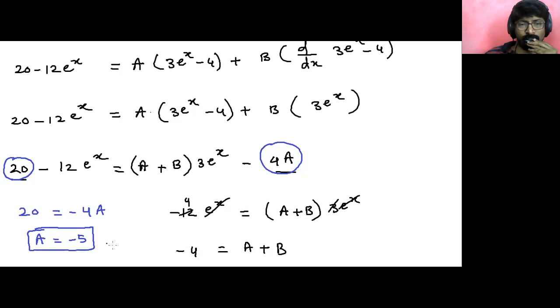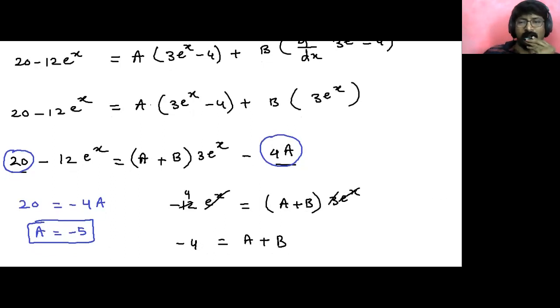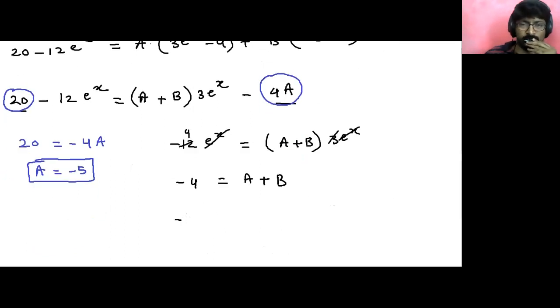Once we've got this, we'll plug the value of a as negative 5. So negative 4 is equal to negative 5 plus b. Get this negative 5 on this side, it becomes 5, minus 4 plus 5 becomes 1. So 1 is equal to b.